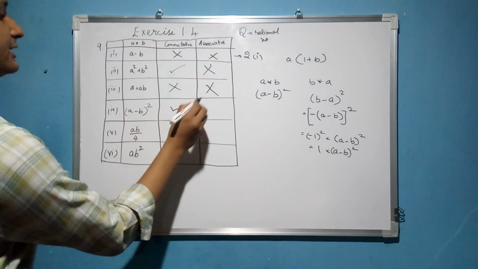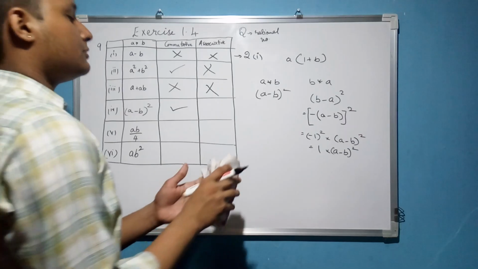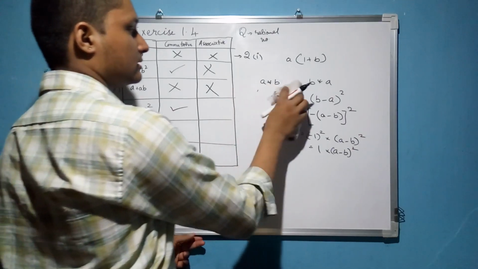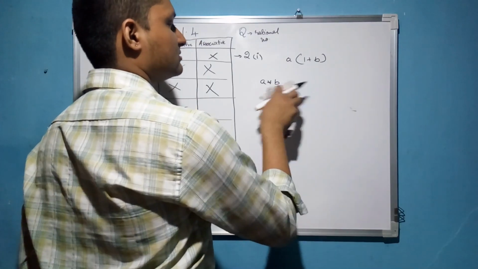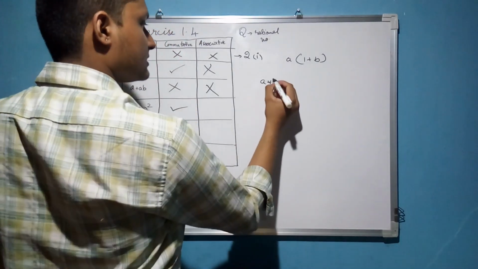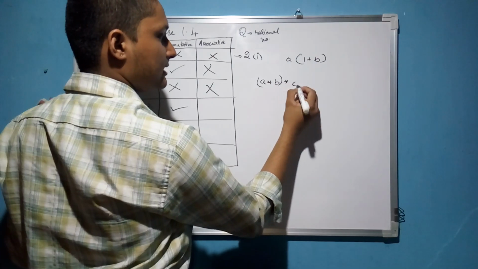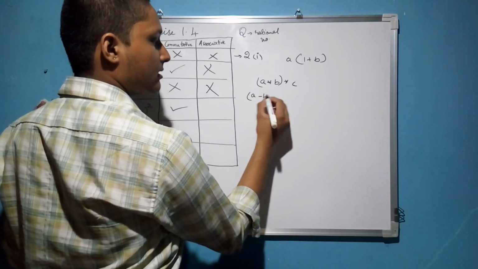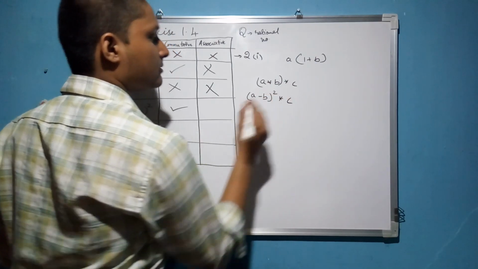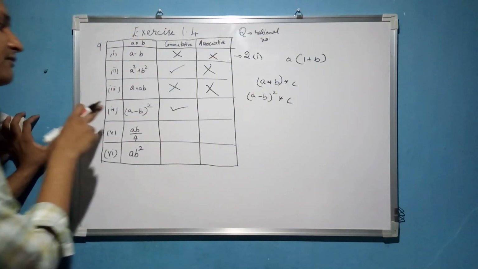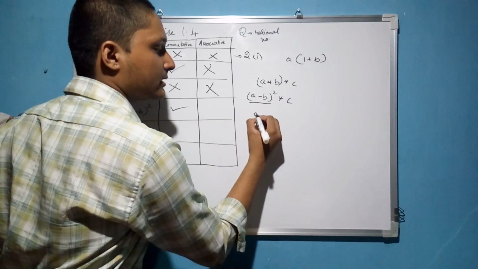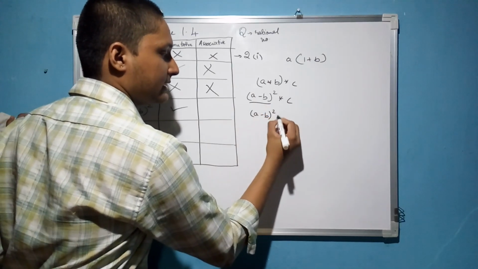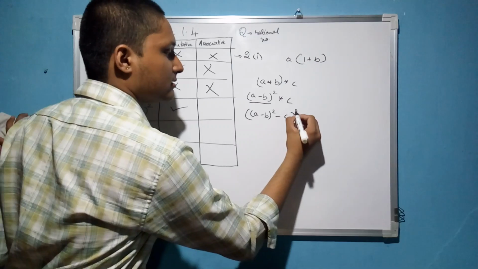Therefore it is commutative. How to show it is associative or not? Most probably it is not associative because it is so complex. So the first one is a star b star c, that is a minus b whole square star c. The function is first minus second whole square. Now the first number is a minus b whole square, first minus second the whole square.